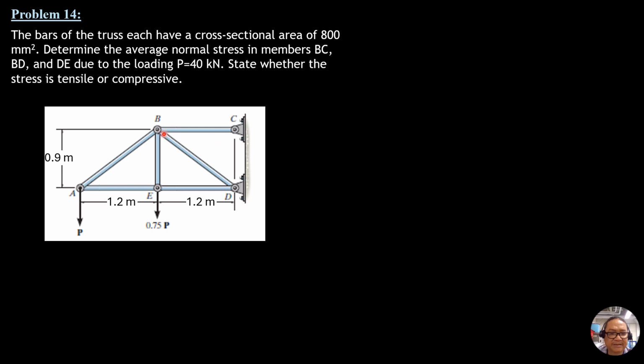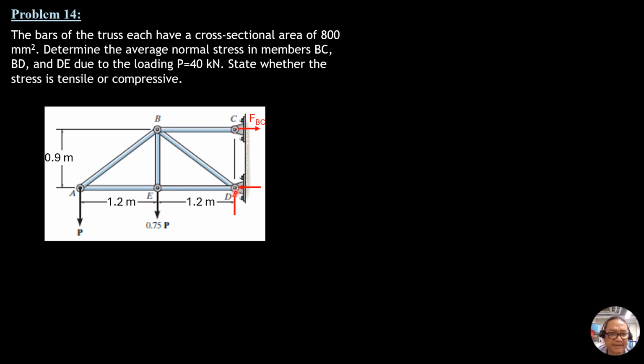Remember that this truss member is a two-force body. So the force in BC is also this force here, which is expected to be in tension. At D, we have two support reactions as shown, then that is FBC also. So summation of moment about D equals 0 to solve for FBC.